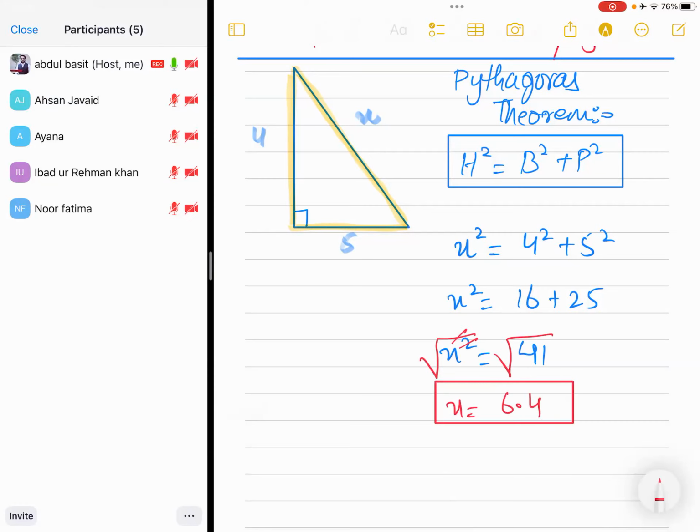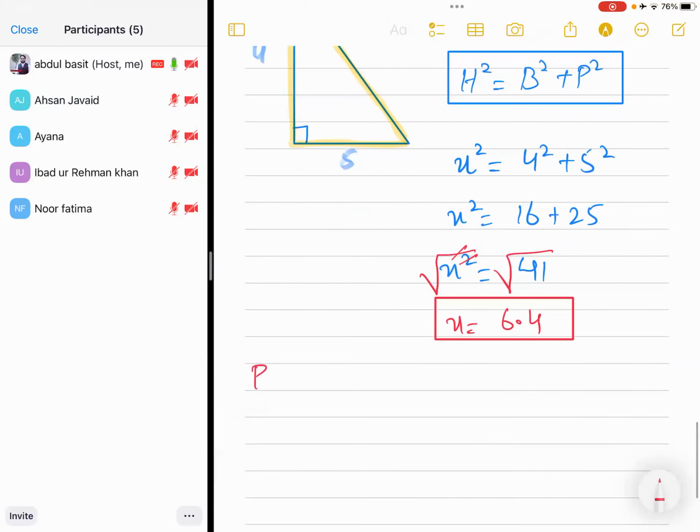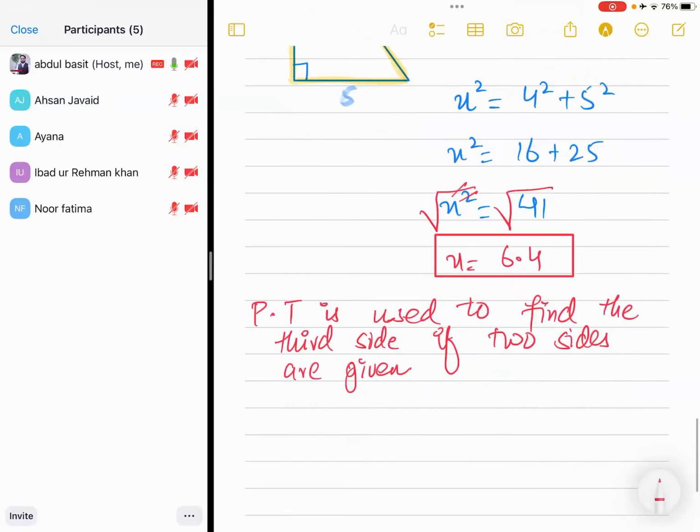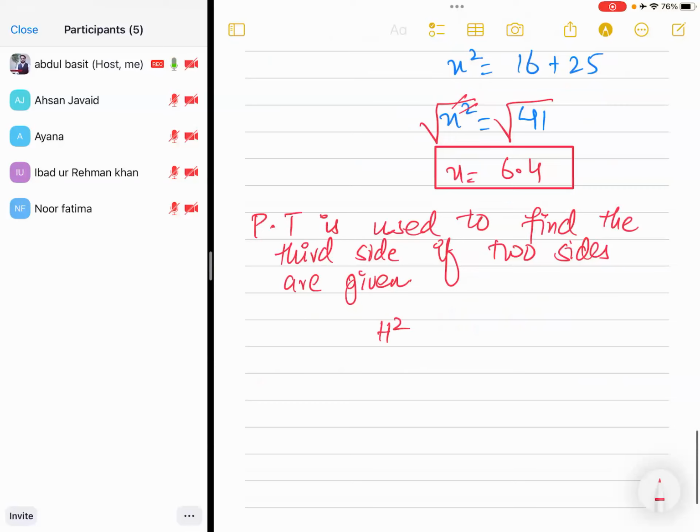So that is what Pythagoras theorem, and Pythagoras theorem is used to find the third side if two sides are given. If two sides are given, like Noor, originally the formula is this thing, right?